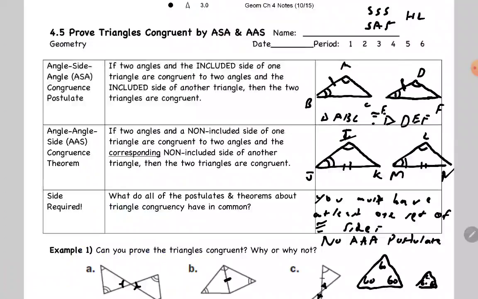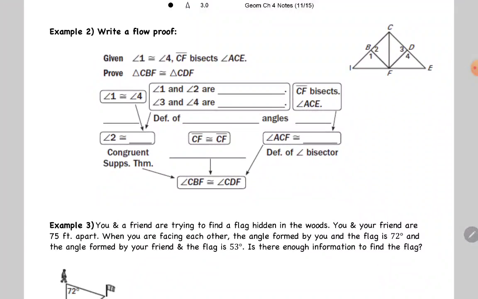Alright. Now let's look at this flow proof stuff. So flow proof is different from our normal proofs, but it might help you visually do the traditional proofs. But let's go through this one to show you how it works. So usually it's still the same, given and prove.